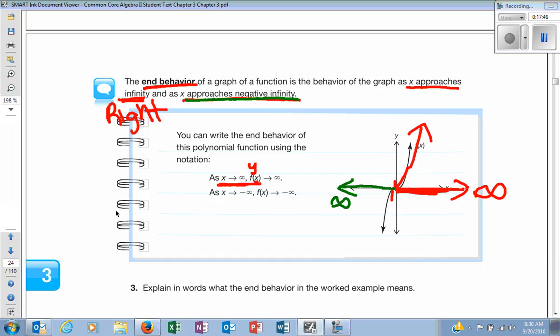So what is my y going to? It's going to infinity. And if I look at the left side of my graph, which is the green part, it's going to negative infinity. Really all it's saying is it's going up, or this is facing down. That's all it's really asking. You with me? Okay.